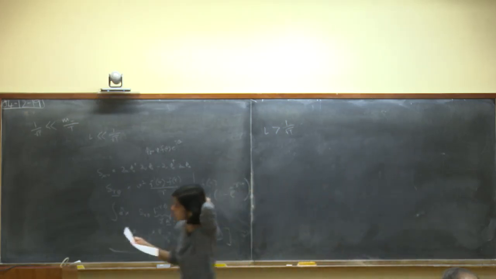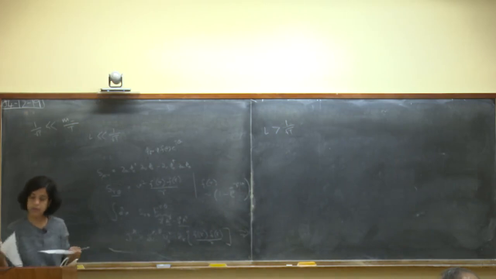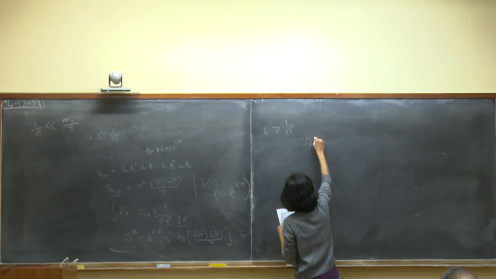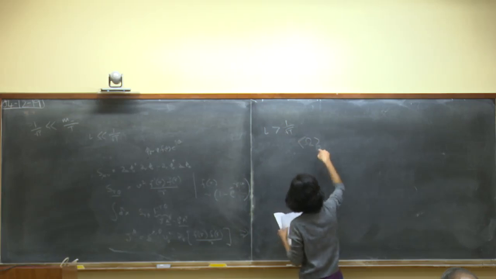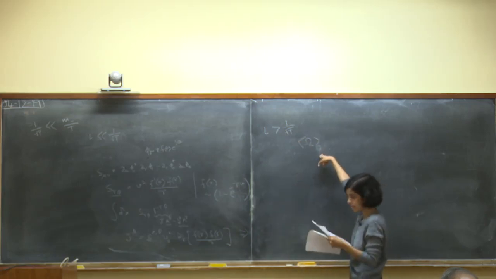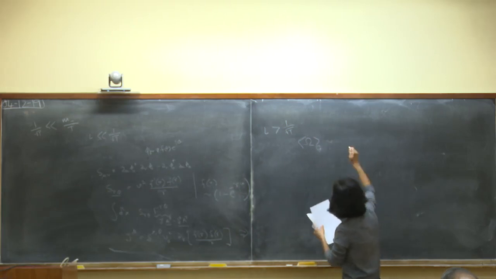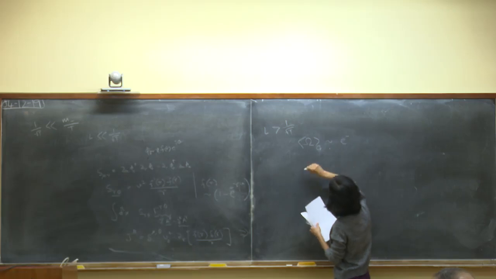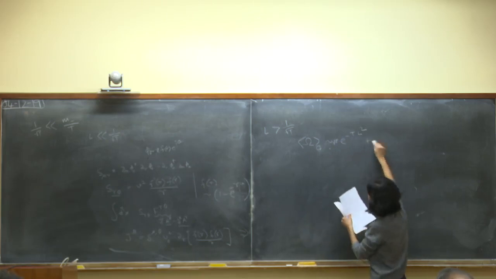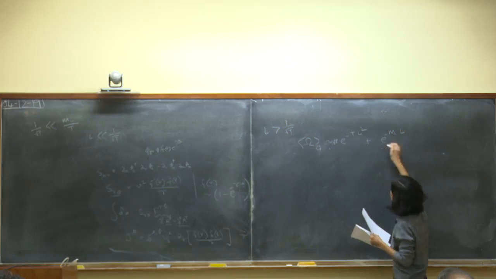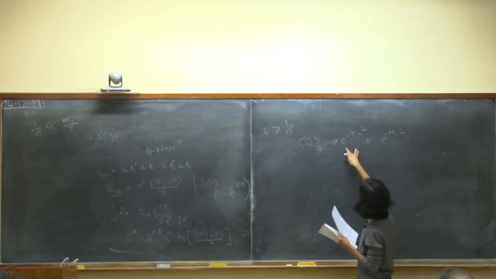So if I am computing a Wilson loop around a path that does not go around a vortex, you know that the Wilson loop is going to go as this. So there's going to be an area law contribution, and there's going to be a perimeter law contribution. So this comes from string breaking, this comes from confinement.